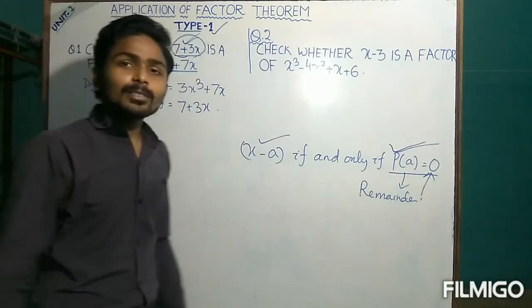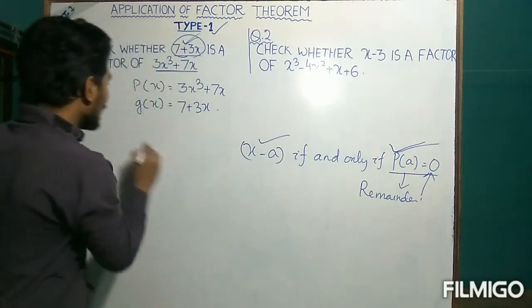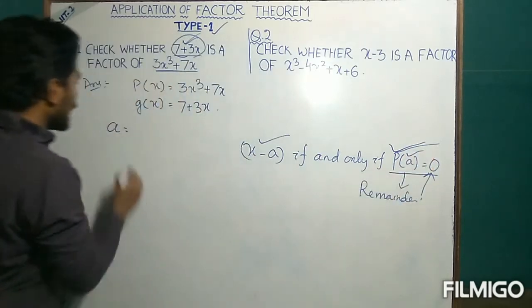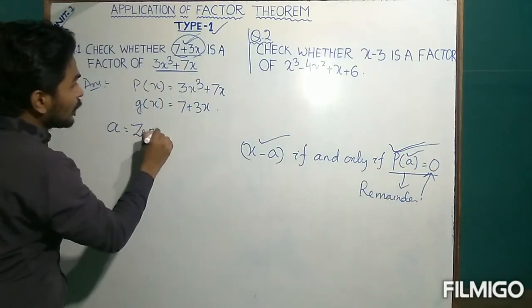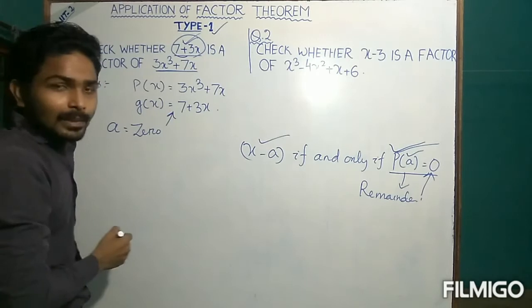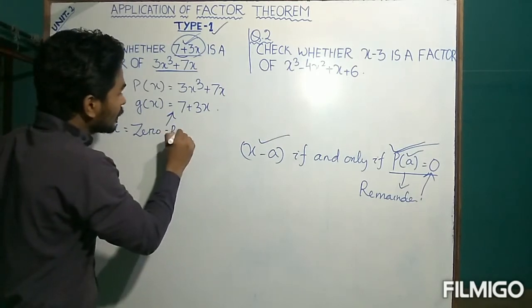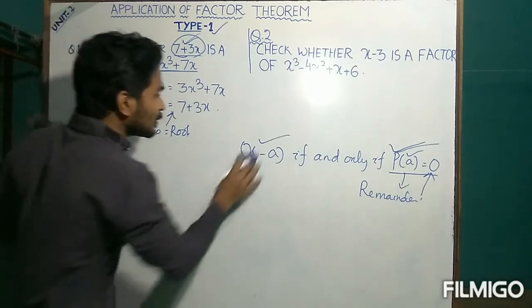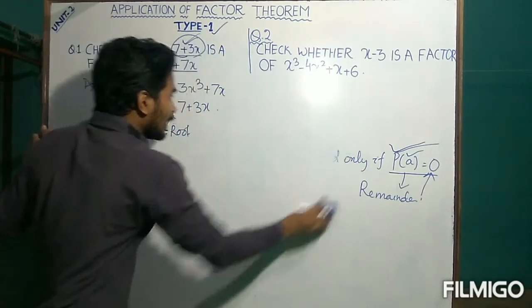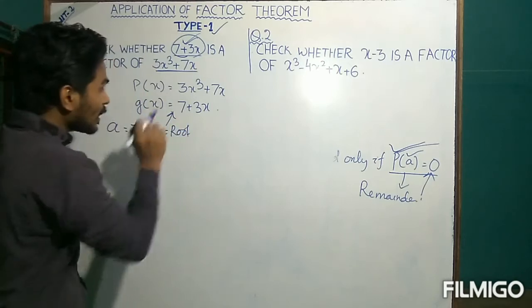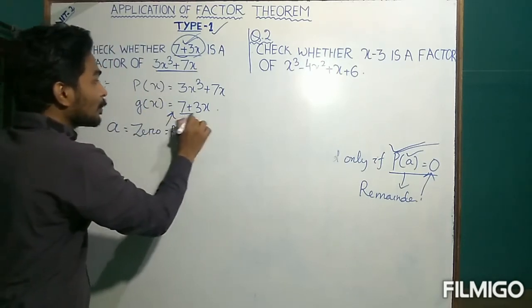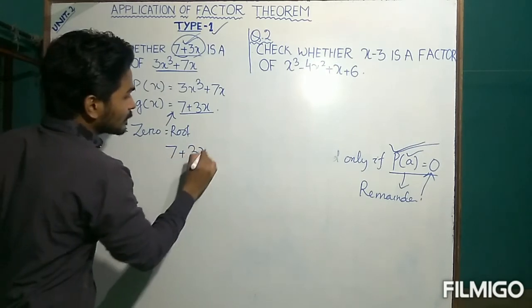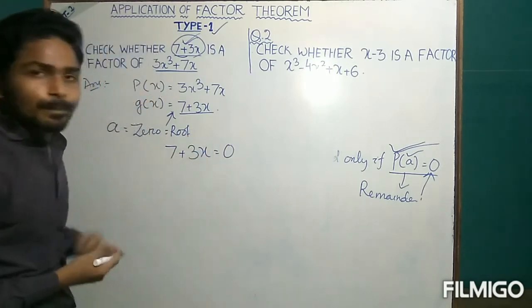But before finding the value of the remainder, we need a. Okay, we need a here. a means the zero of this polynomial, or it is known as the root of this polynomial. How can we find the root? As from the remainder theorem we know, by simply putting this divisor equal to 0.